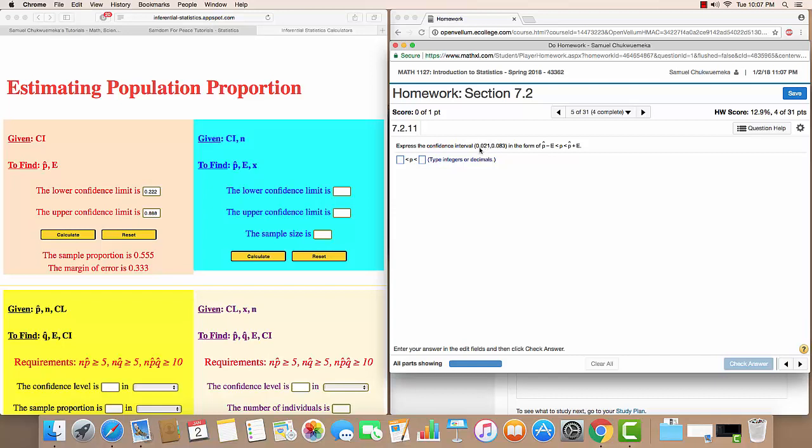So this is one of the forms here. So the answer here is 0.021 and then 0.083. The lower confidence limit and the upper confidence limit.